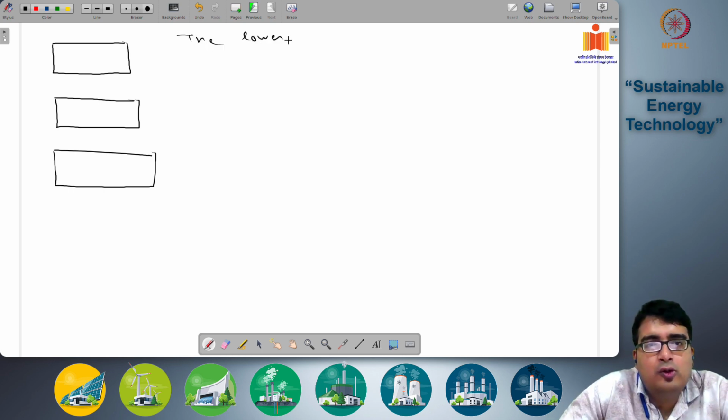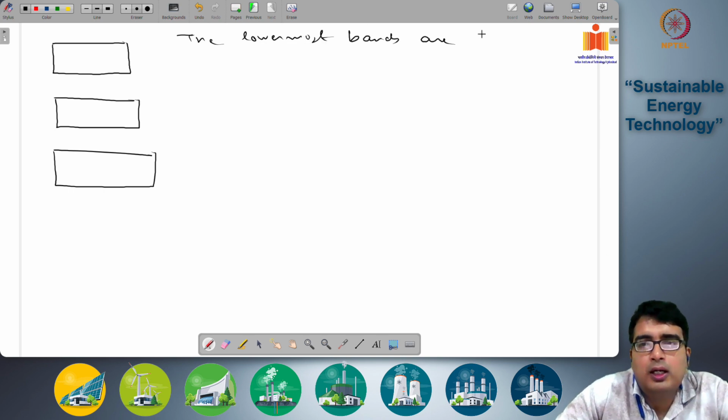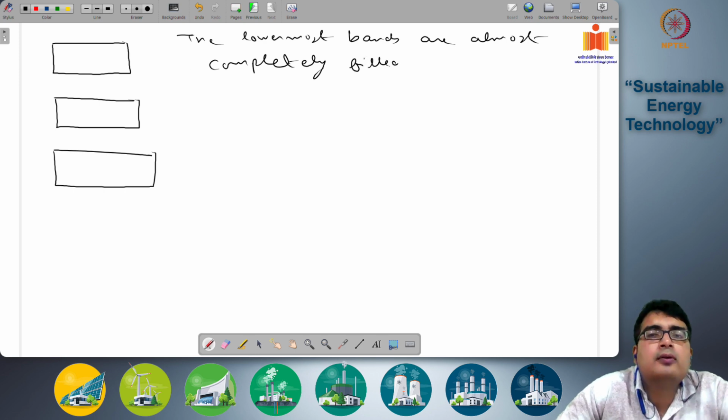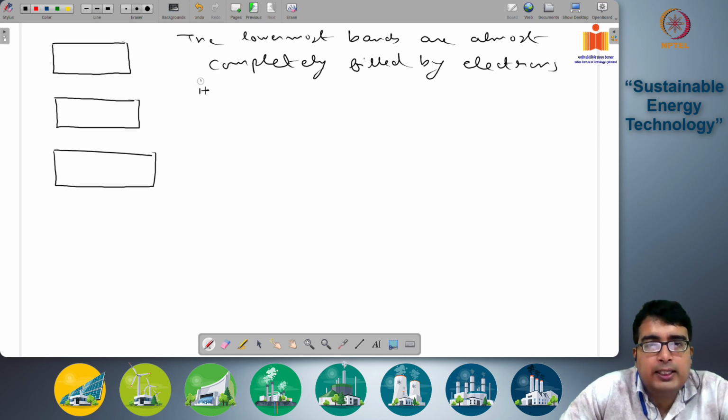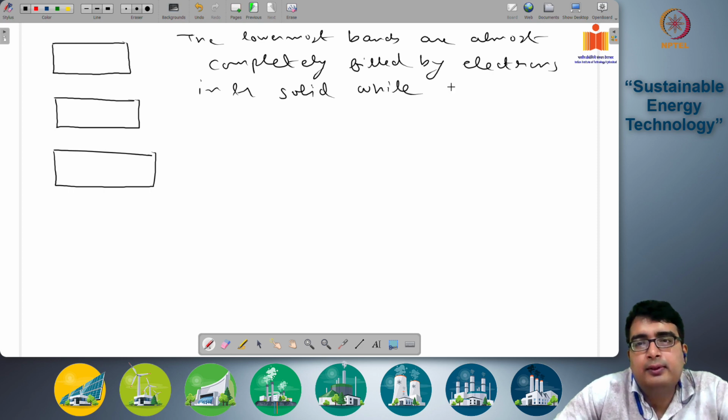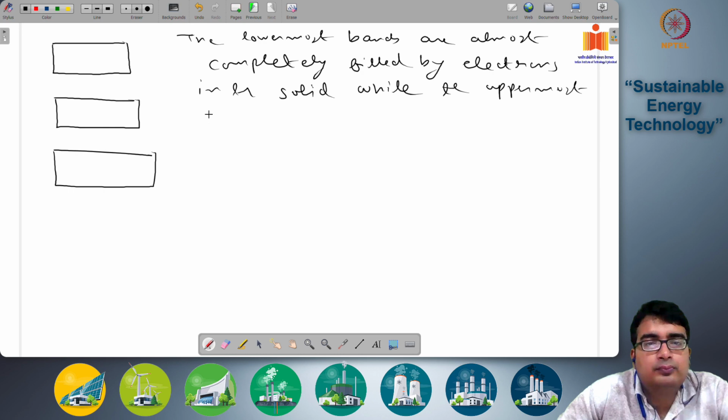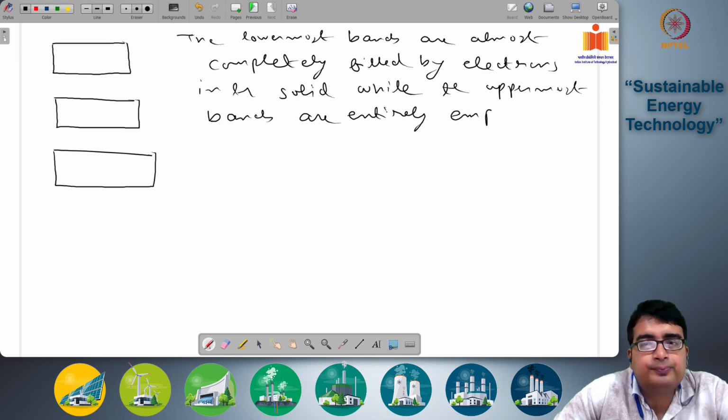The lowermost bands are almost completely filled by electrons in the solid, while the uppermost bands are entirely empty.